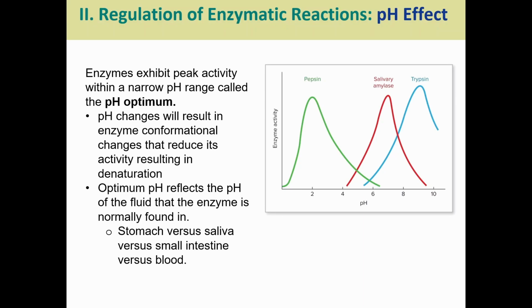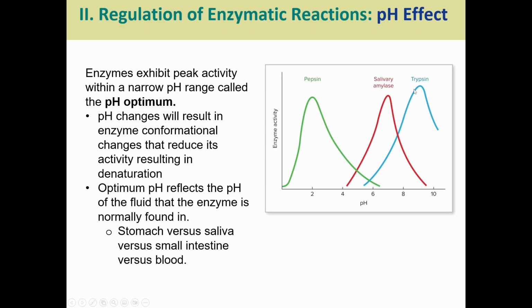So let's look at this chart here. Over on the right, that shows a couple different types of enzymes, and we'll talk about where we find these and why their pH range is where it is. So we have pepsin, we have salivary amylase, and we have trypsin. I'm going to start on the blue end on the right here, and I'll work my way over. Trypsin here in blue is going to be found in the small intestine.